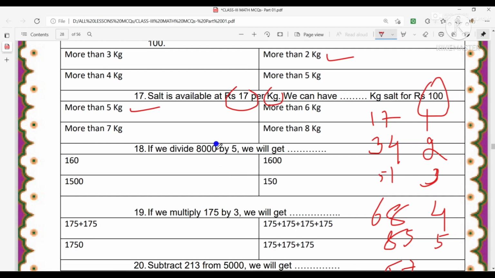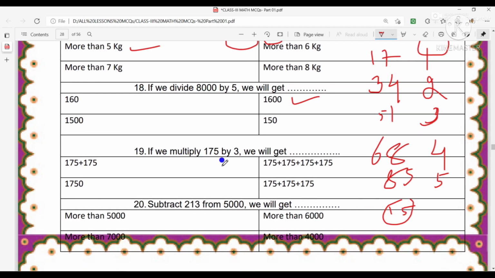Then if we divide 8000 by 5, you will get 1600. You can divide. Okay, if we multiply 175 by 3, you will get 175 plus 175 plus 175.